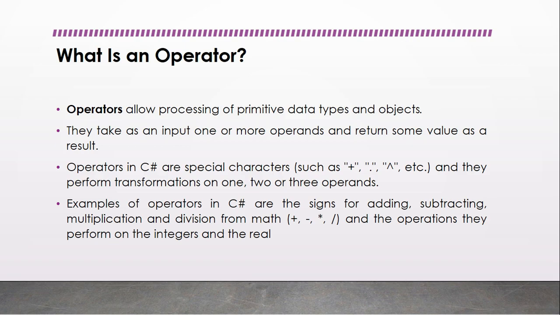Operators in C# are special characters such as plus, asterisk, minus, and /. These special characters are used to process directly on the C# primitive data types. Thus, operators take as an input one or more operands and return some value as a result.